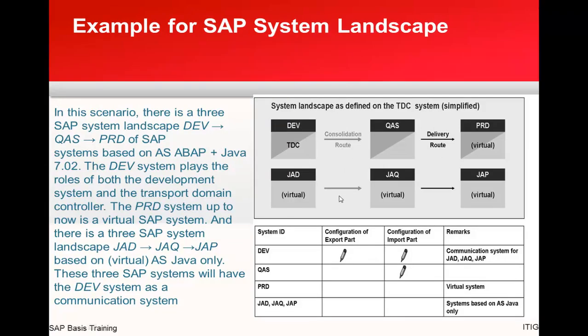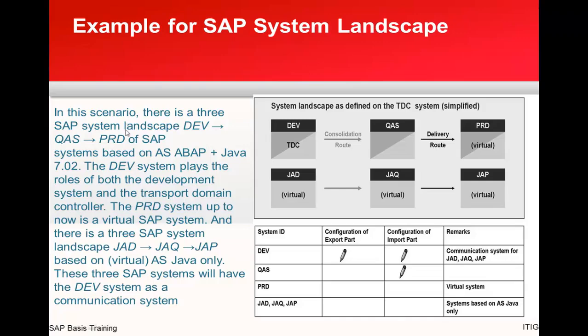Now in this scenario you can see that this is a simplified landscape. You have your dev system, QA system, production system, and you have your Java systems.